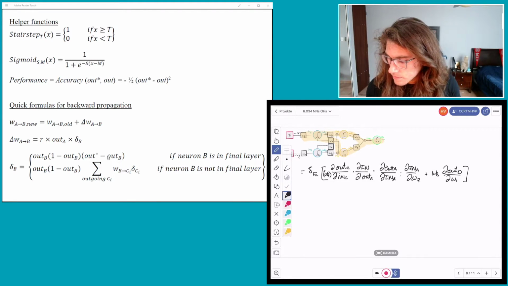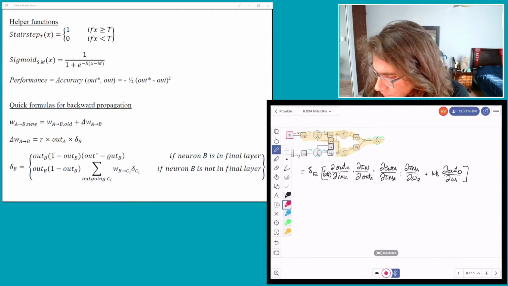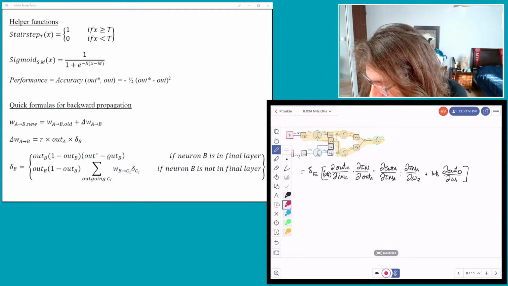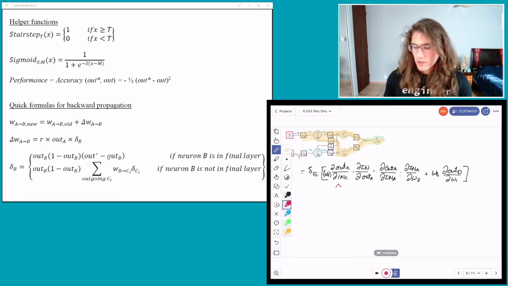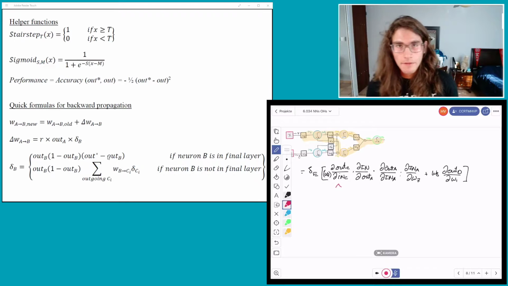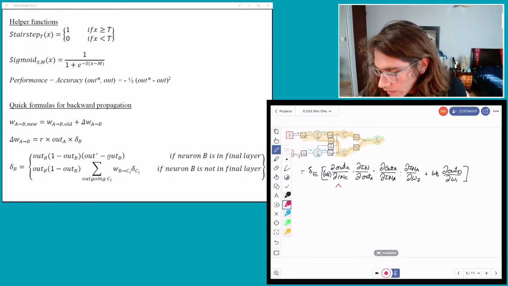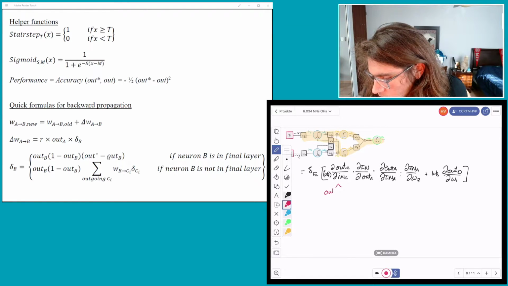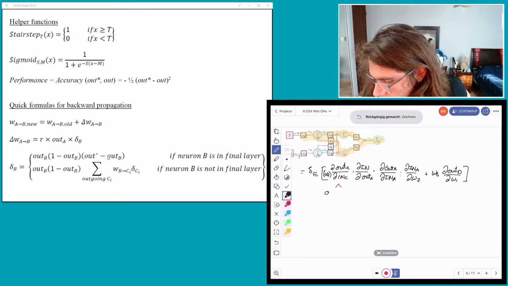Okay. Out C with respect to in C. I've mentioned this a couple times already. This is the derivative of the threshold function, which is a sigmoid. So this is, let me drop the red, out C times 1 minus out C.